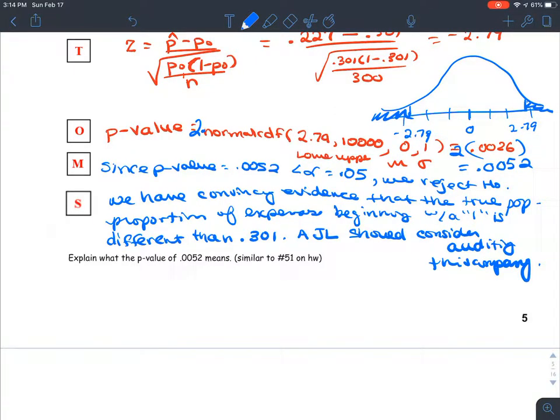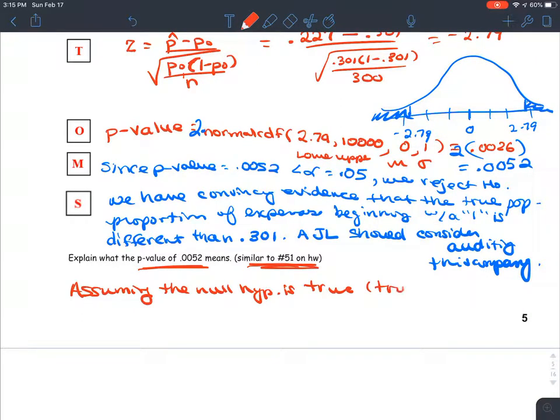Okay? All right, it mentions here to just kind of explain, hey, what does that p-value of 0.0052 mean? And this is really similar to question 51 that's going to be on your homework, okay? And when you're given these p-values, the assumption is, look, assuming the null hypothesis is true, okay? And that means, in this case, the true proportion is 0.301.